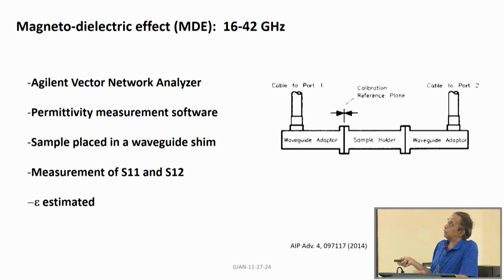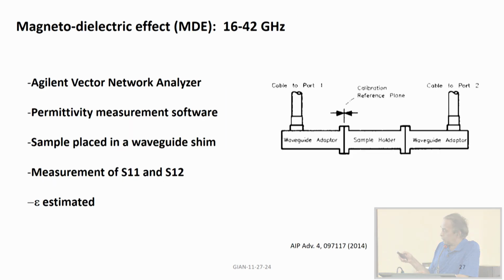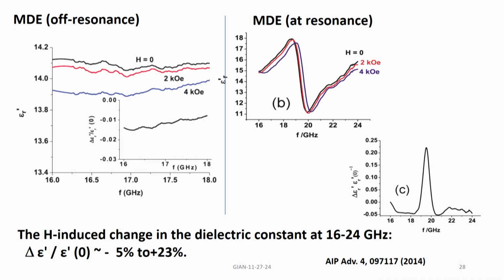So, it is called the magnetodielectric effect, and you see here, this is the dielectric constant measured as a function of frequency, and what is shown here is the frequency range of 16 to 18 gigahertz, and that is the relative dielectric constant under zero magnetic field and 2 and 4 kilo-oersted.